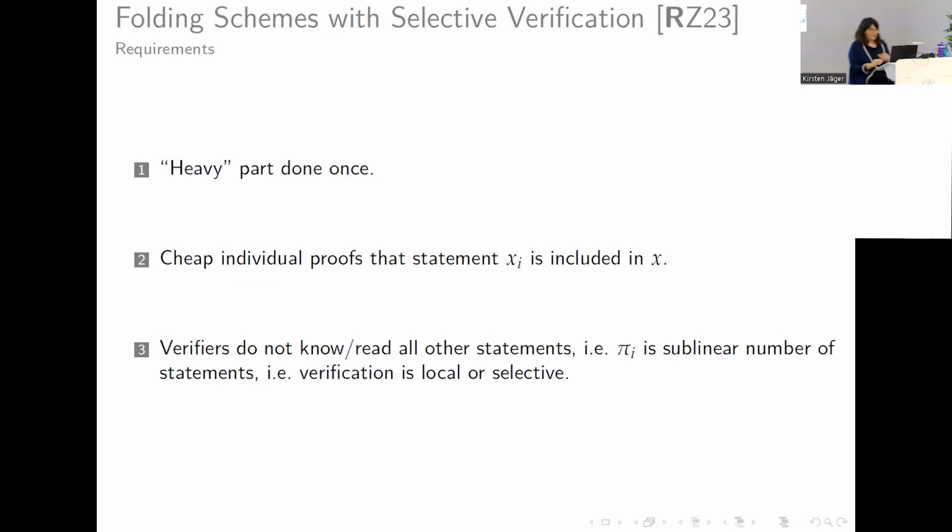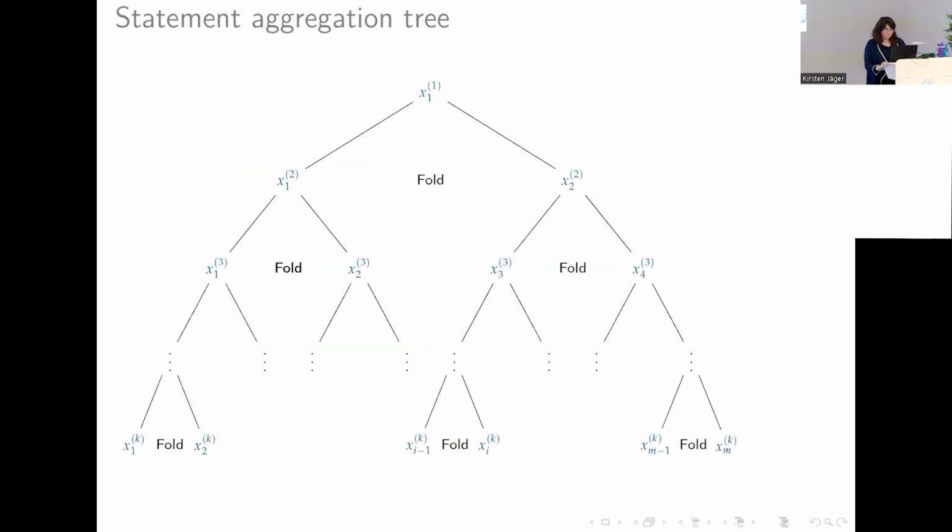This is why we call it selective verification, because you are only verifying your statement and the proof of the global SNARK, but you are not required to read all the individual statements, okay? This is a big difference with aggregating proofs, right? When you're aggregating proofs, you are reading all the statements, and then you make sure the combined statement is true. Here you want to make sure you don't have to read all the statements, okay?